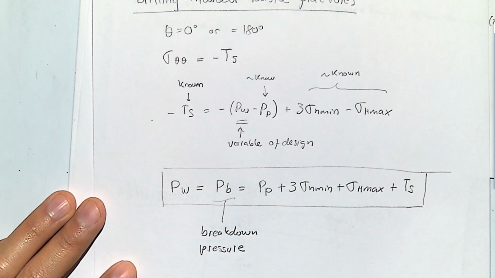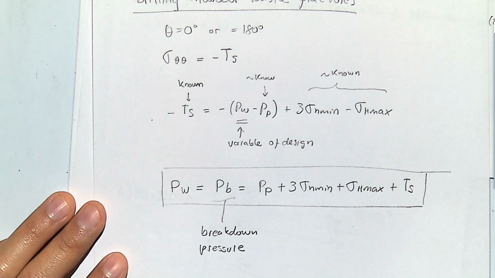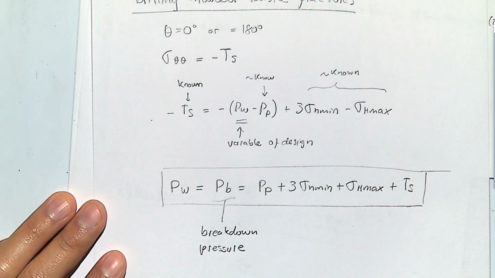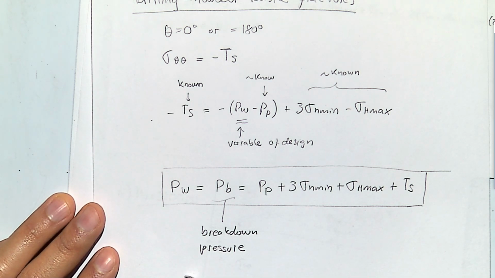Whenever you achieve this pressure in the wellbore, that means that the rock is going to fail in tension. And if the wellbore fails in tension and that fracture propagates far away from the wellbore, then you may cause a large hydraulic fracture. That's why it's called a breakdown pressure, because at that point, because of pressurizing the well, you break the well.